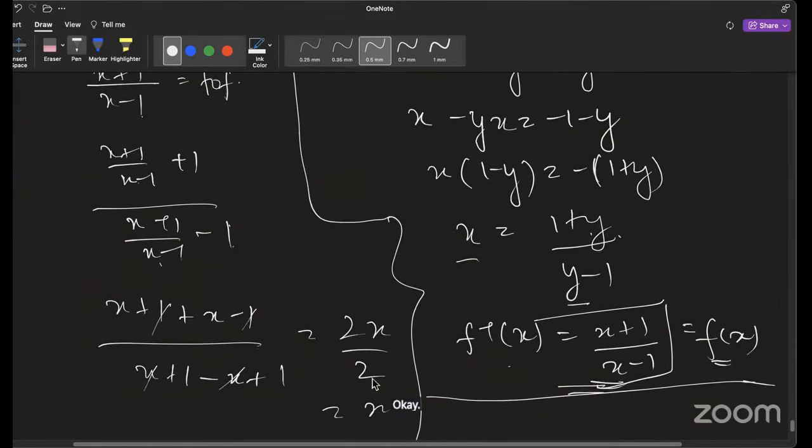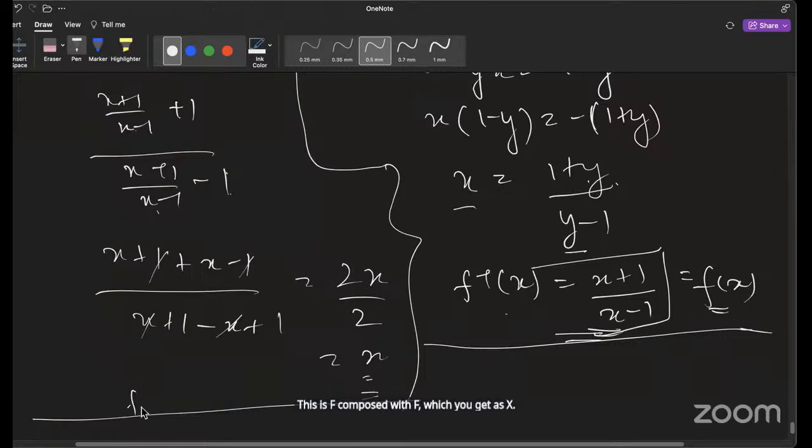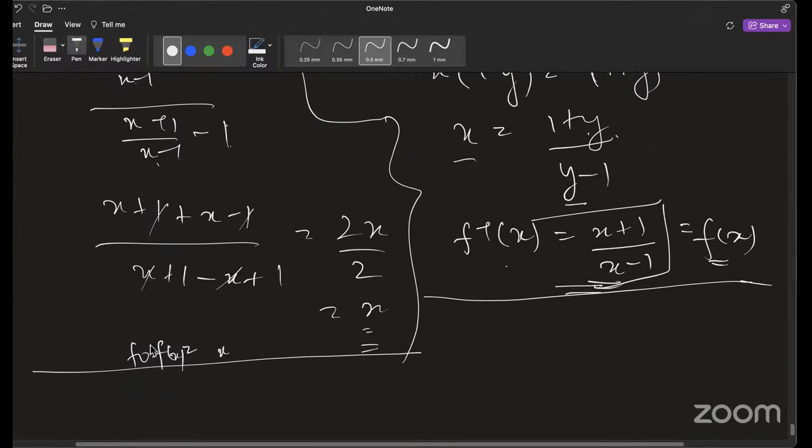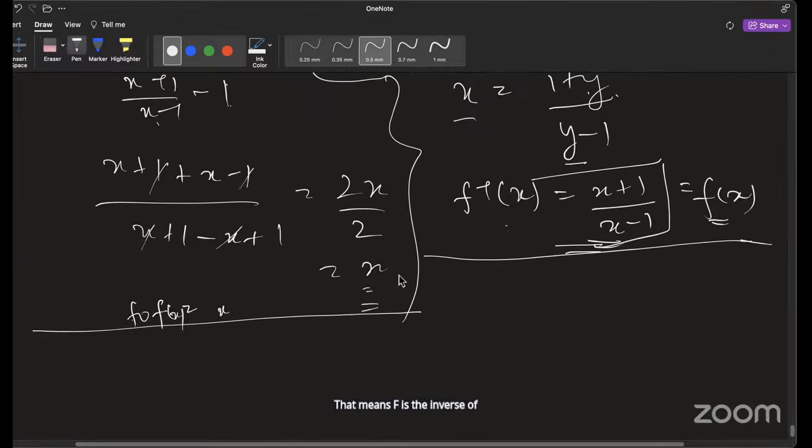This is f composed with f, which you get as x. That means f is the inverse of f. And what happens when f inverse is equal to f? Okay, we'll come to this one later.